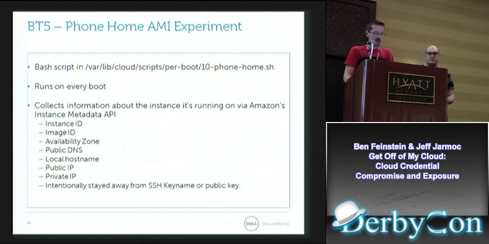On every boot, that would collect information about the instance via Amazon's metadata API. So it collected the instance ID, image ID, availability zone, et cetera. We intentionally stayed away from getting the SSH public key. A public key, by definition, shouldn't be all that sensitive, but I didn't want to get into anything personally identifiable, so we stayed away from that.